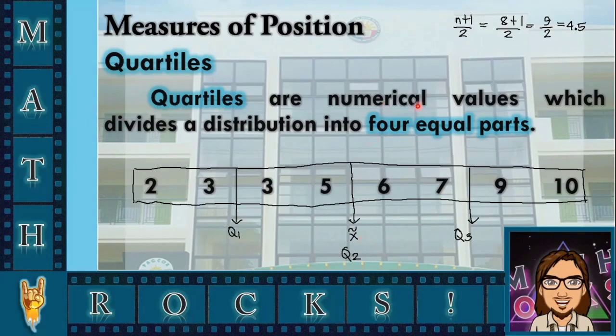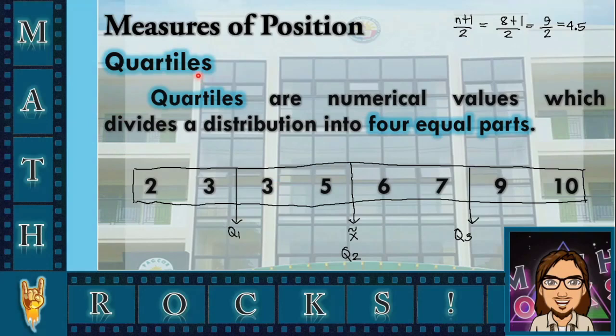Because it is said to be a numerical value, there is a certain value pertaining to the first quartile here that represents the value that actually divides this into 2 equal halves like this. We will have that in our example later on. So this is how we can illustrate the idea of the measures of position, specifically for the quartiles.